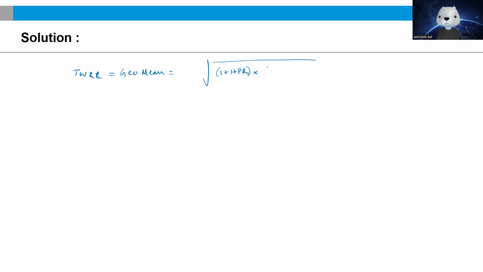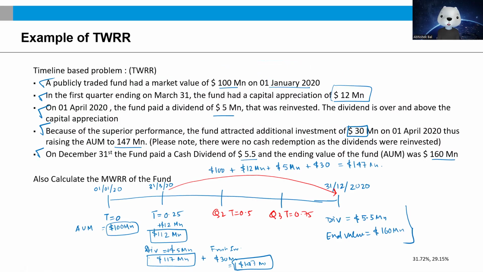So holding period 1 into holding period 2 into so on and so forth up to the nth period of holding. And then thereby taking 1 by n power and deducting 1 from this. That's it. All right, so we have got the timelines sorted out.